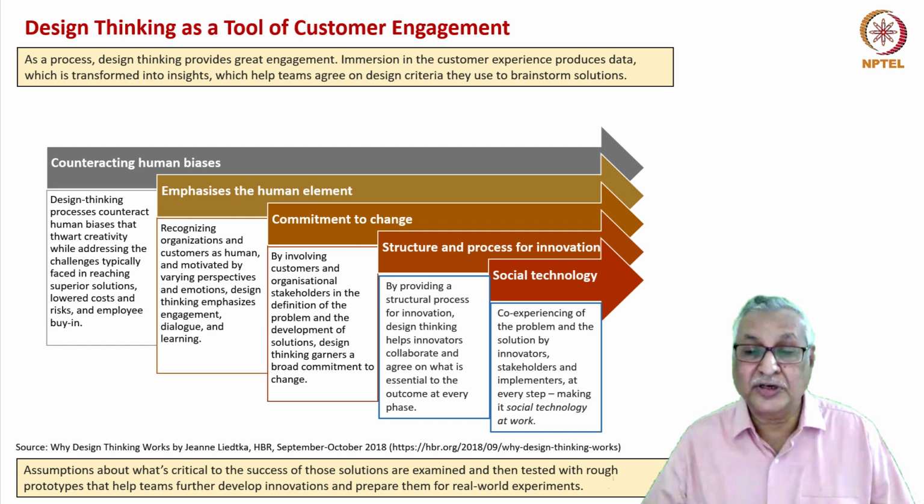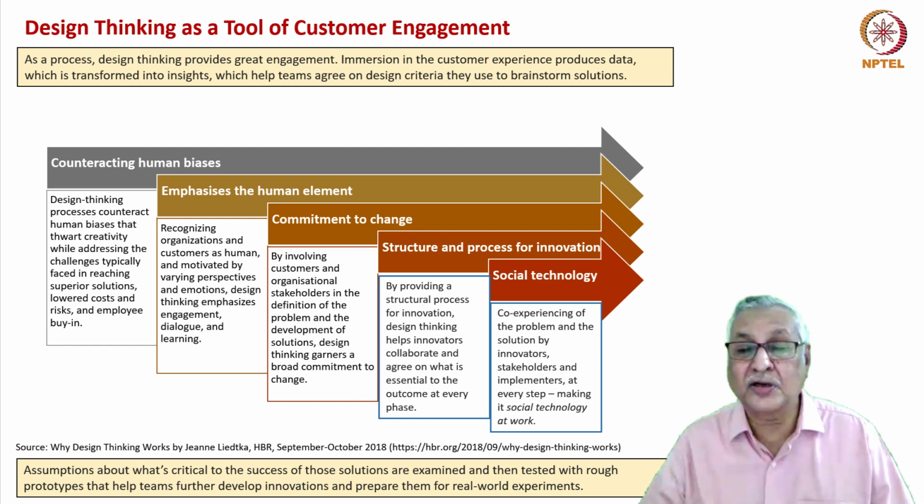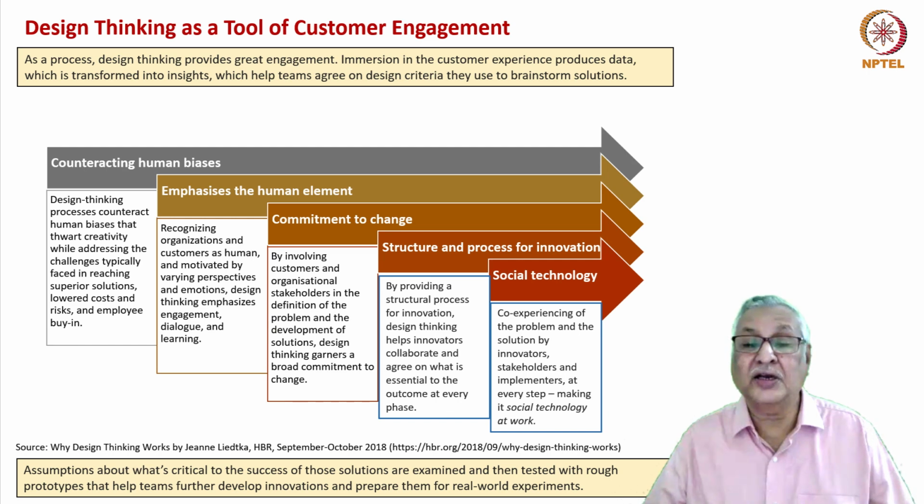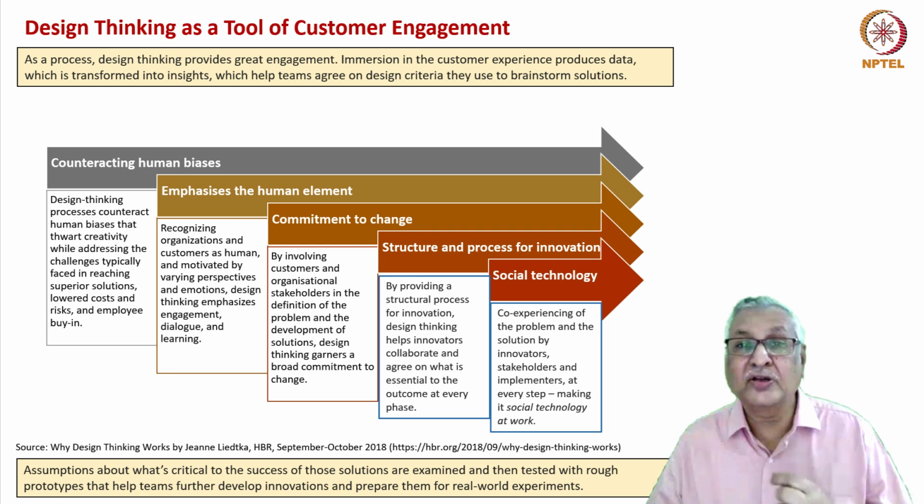It is a Gemba innovation because you are working in the field along with the customer or in a specially stylized area for you to come up with the brightest of ideas and develop the best of the prototypes. So it helps innovators, be they customers or be they company representatives. They're all innovators. They collaborate and agree on what is essential to the outcome at every phase.